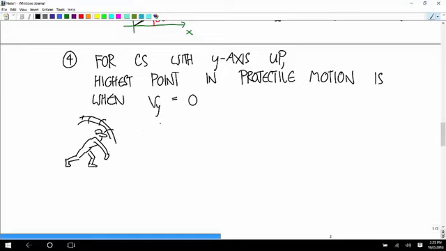Okay, so this guy throws this baseball anyways. And it follows a parabolic path. Okay. He's wearing clothes. The highest point of the ball's path is here. Okay.